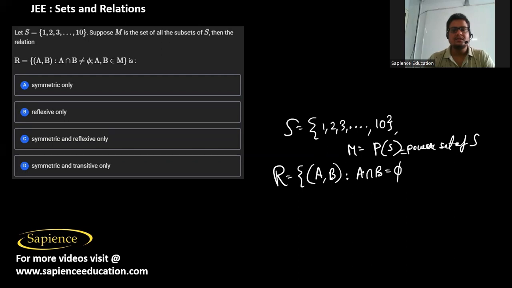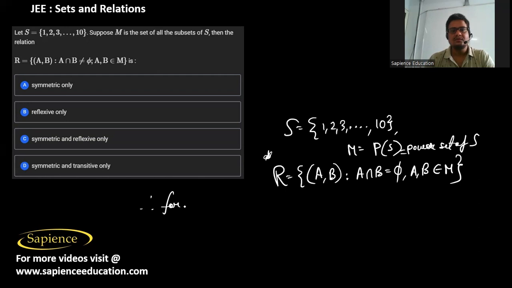It means A and B should be disjoint sets, and A comma B belongs to M. So A and B both should be subsets of S, and A intersection B should be phi. So is it symmetric, reflexive, or transitive? That we have to find out.